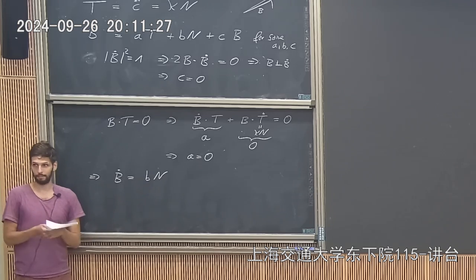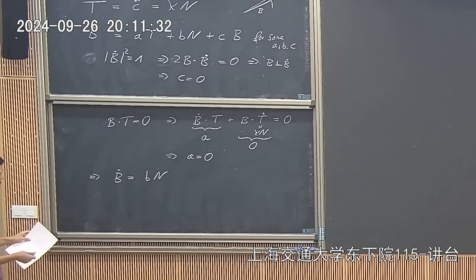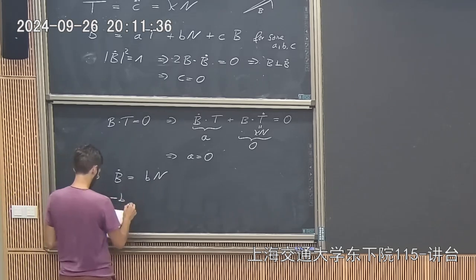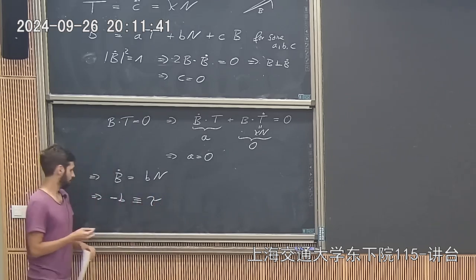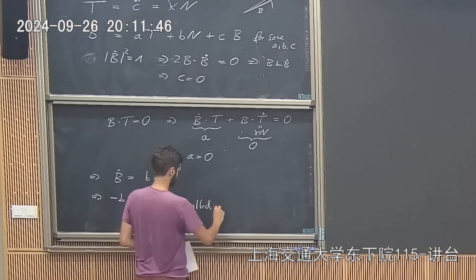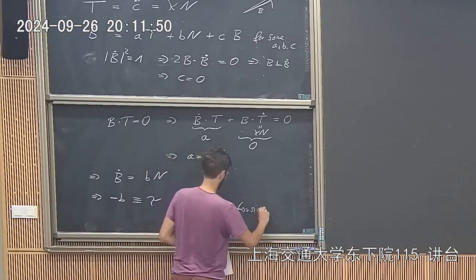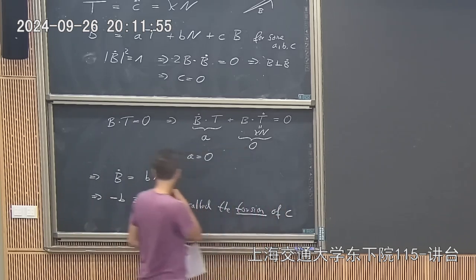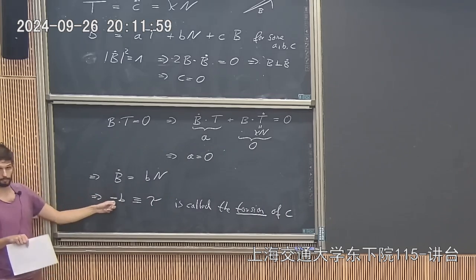For some reason people would like to see that certain things are positive in certain examples. So minus B is usually called tau, and it's called the torsion. Again, there's no real content to the minus sign.